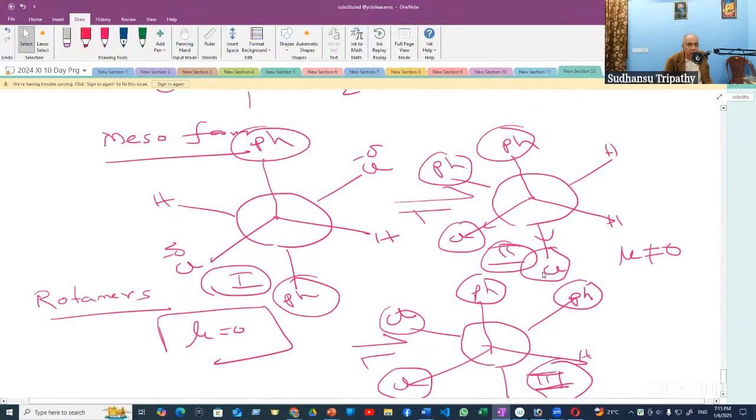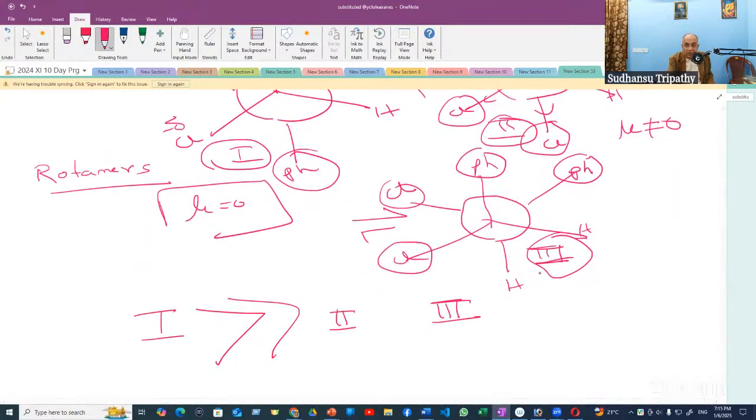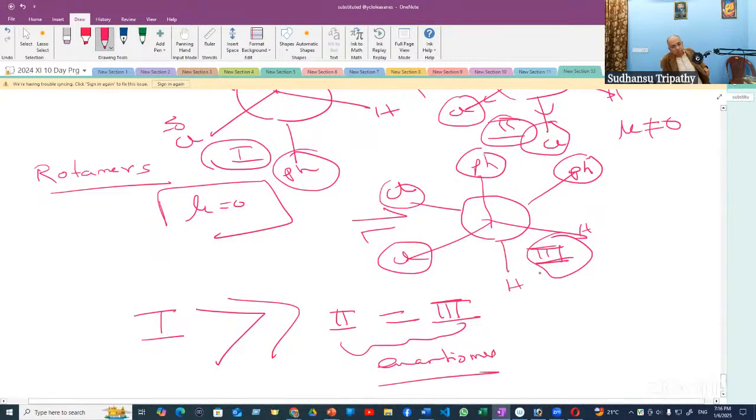But if you try to manipulate the model, don't rotate, only manipulate the model, you will never ever superimpose. I tell you, they are enantiomers. Energetically the same, but they are enantiomers. Remember, in such a situation, the gauche forms, gauche with respect to phenyl, gauche with respect to chlorine, these two forms are enantiomers. But energy-wise, they are the same.